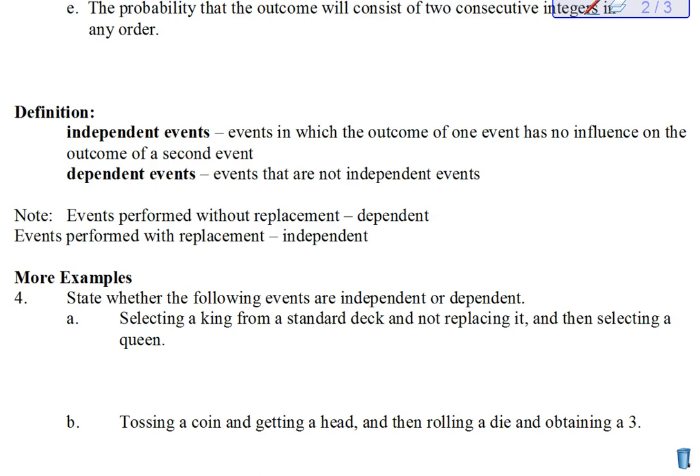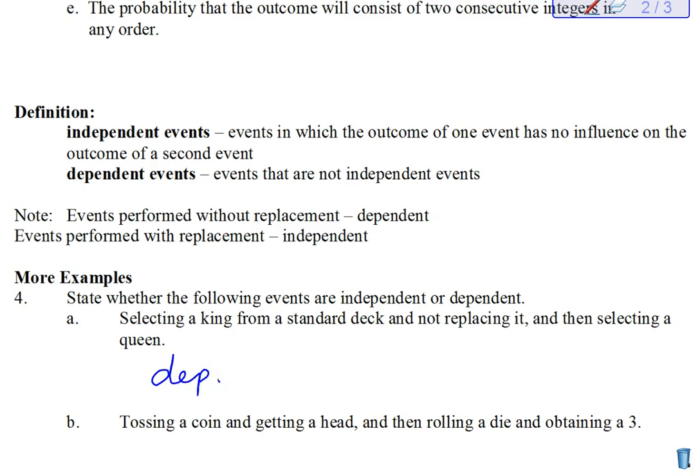So what we're going to do for the next few examples is we're just going to write independent or dependent. A says selecting a king from a standard deck, not replacing it, and then selecting a queen. Not replacing it means when you go to draw that second card, the deck is now different, so that would definitely make the second event dependent on the first event, so this would be dependent.